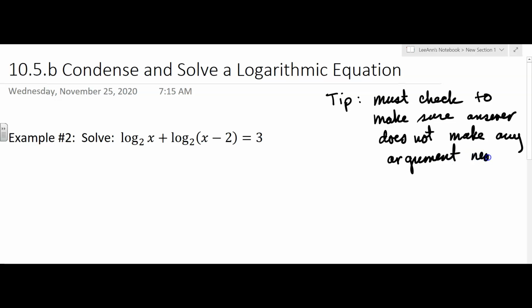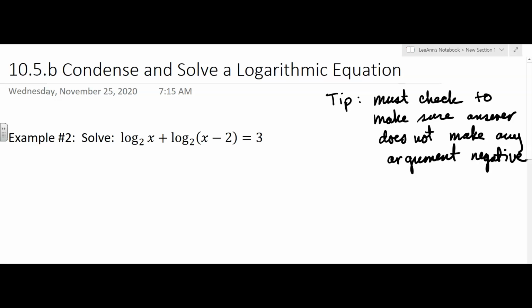So the argument always has to be positive when we're solving these. So if we get an answer, like in the last problem, we had positive 6 and negative 6. We said, well, we can't use the negative 6 because then the argument would be negative. So you always have to check that.